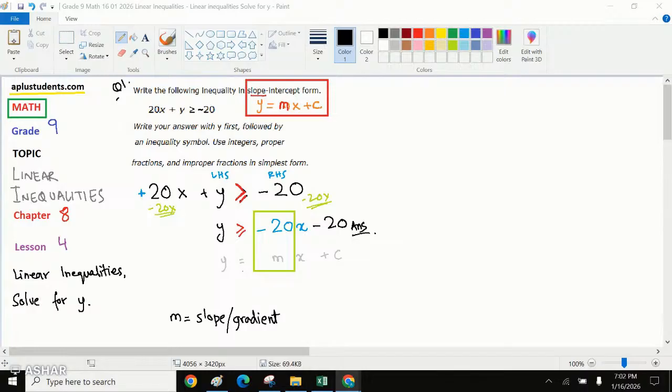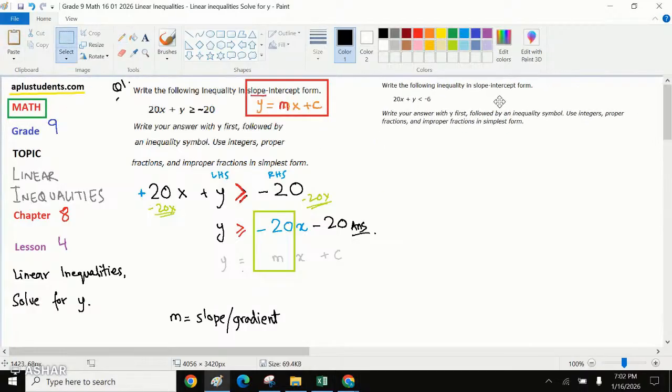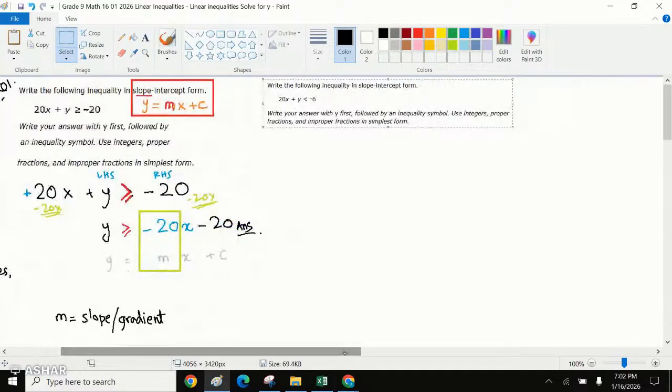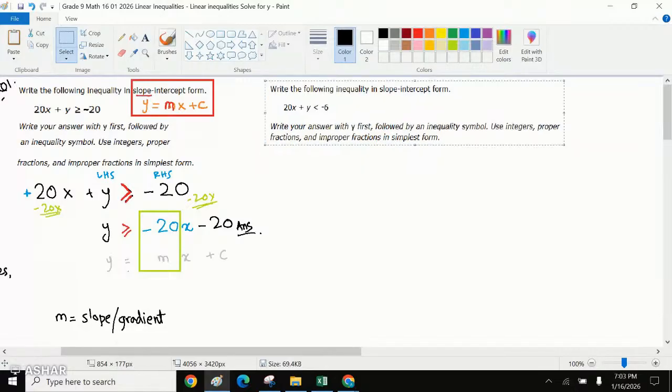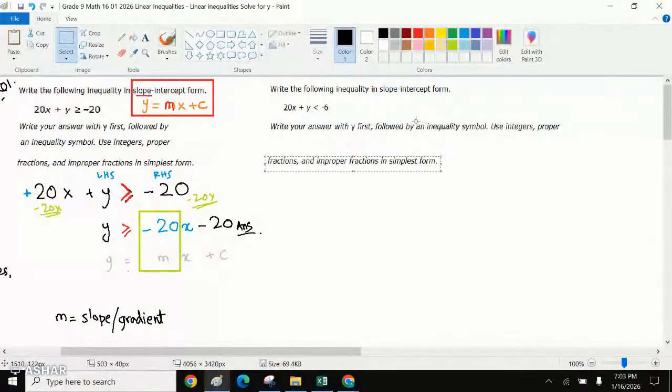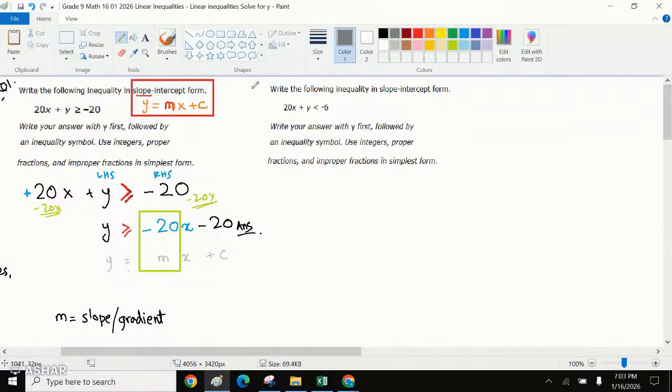For question number 2, it says, write the following inequality in slope intercept form. Let me rearrange this so that we have more space. If this is our question number 2, they're asking us to write it in the slope intercept form.